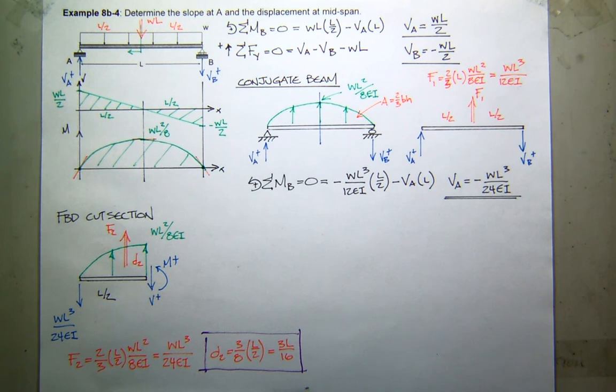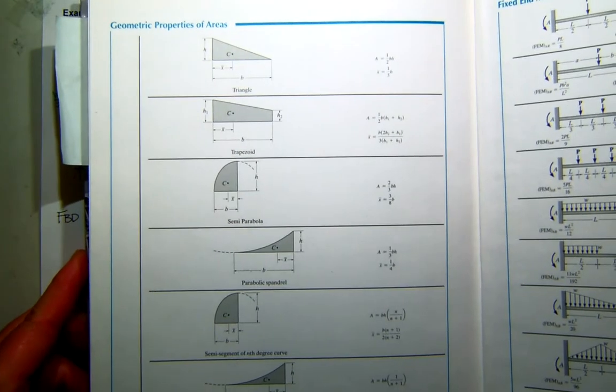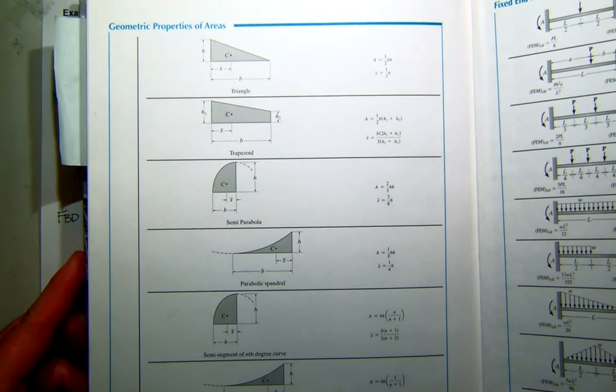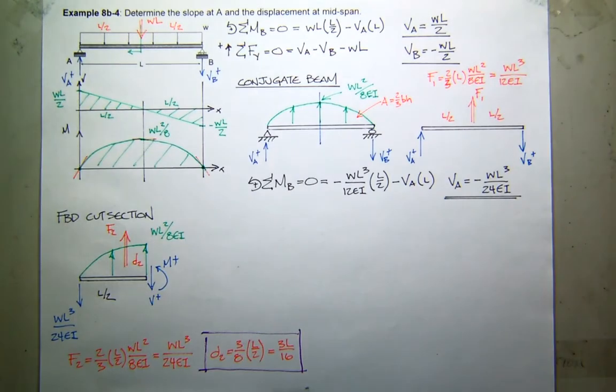Now, if as part of the exam I were to give you this sheet, then you would have the tools you need. Hint, hint, nudge, nudge, wink, wink. Okay? So we'll just stop. Any questions before we get past this?